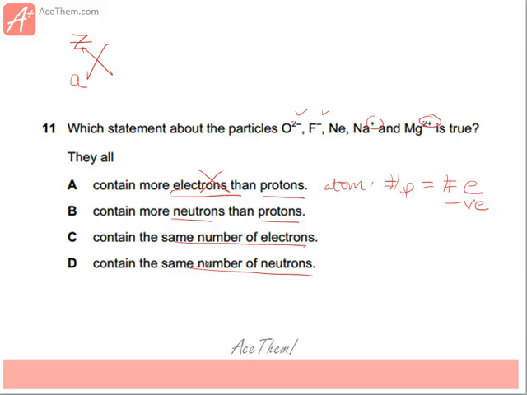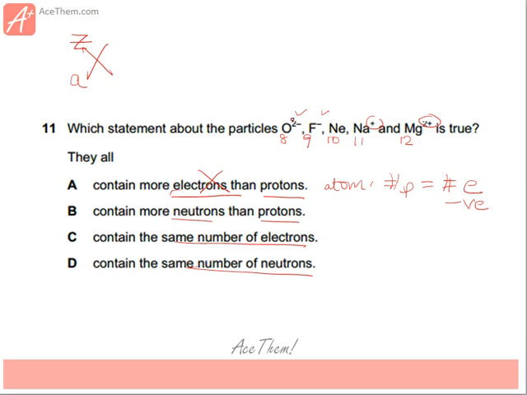In order to go through them very quickly, one shortcut method for solving these kinds of problems is to write down the atomic numbers. Oxygen 8, fluorine 9, neon 10, sodium 11, magnesium 12. As you can notice, they are each one atomic number bigger than the next, in a row. 8 protons means 8 electrons in one atom.